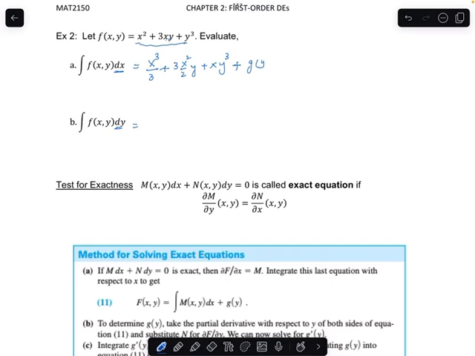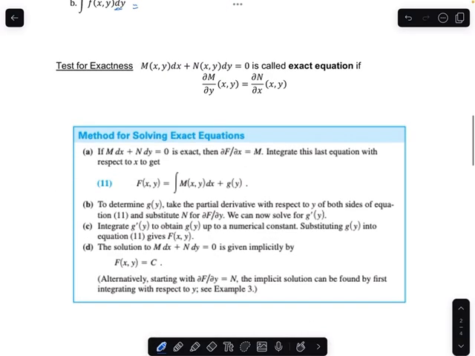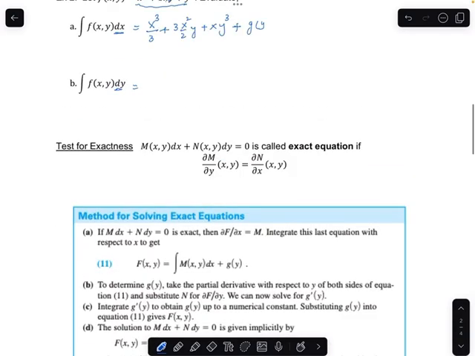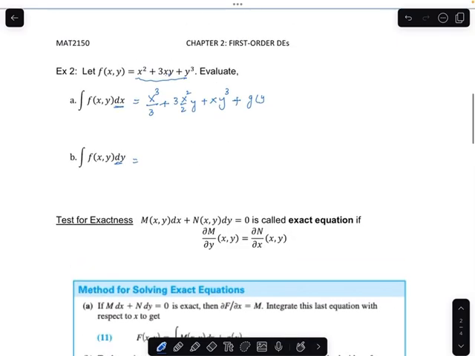Now integrating with respect to y, now we will treat x as constant. So this is our function. Okay, so the first term will be x squared y plus 3x y squared over 2. So let me put the 2 in front here.